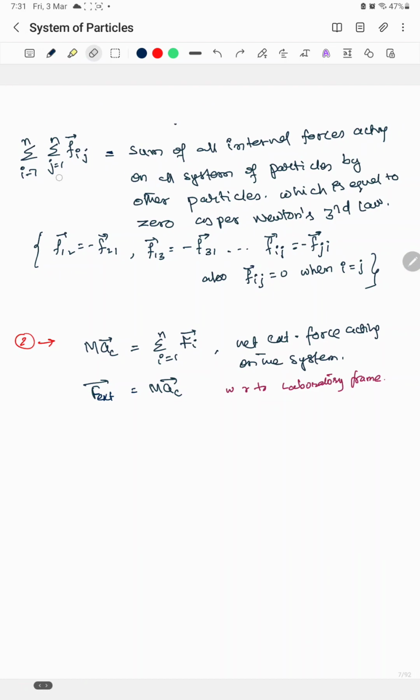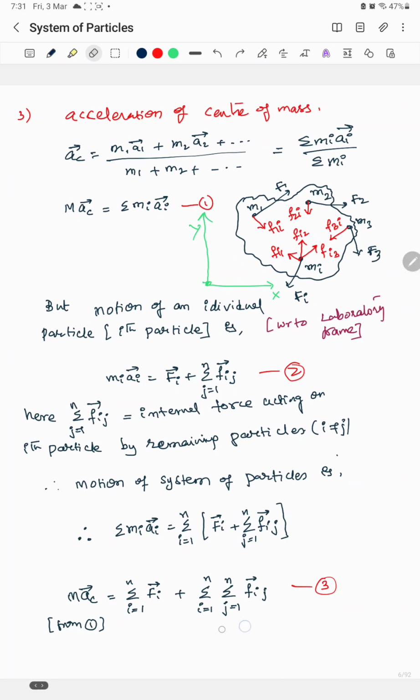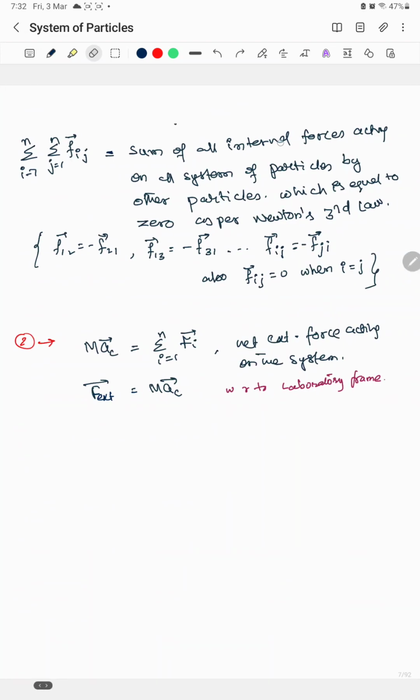Next, this second term is actually the algebraic sum of all internal forces, right? Here the sum of all internal forces acting on the whole system of particles. If you take from here to here, this is the net force acting on the ith particle by other particles, internal forces only.